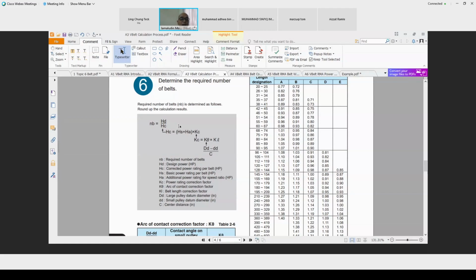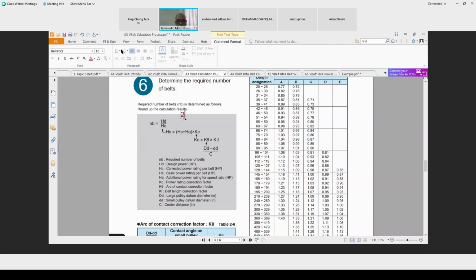That means power per belt, and over the design power, what do we get? The number of belts. Let's say I just give a number here. Let's say we have a total design power of 27 horsepower, but each belt can carry only 4 horsepower.